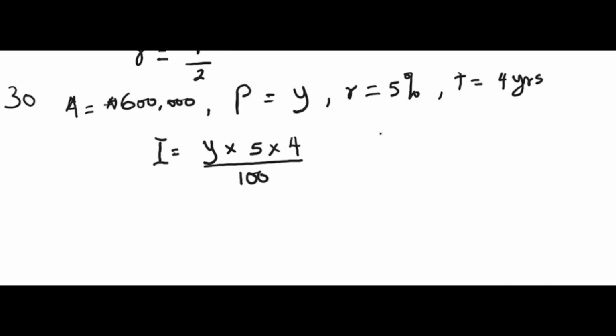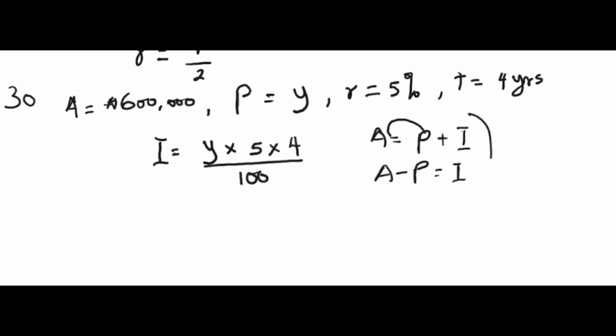Remember we said that amount is principal plus what? Interest. So if amount is principal plus interest, it means that to get interest, we'll take P over to this side, just like saying make interest the subject. So amount minus principal is equal to what?